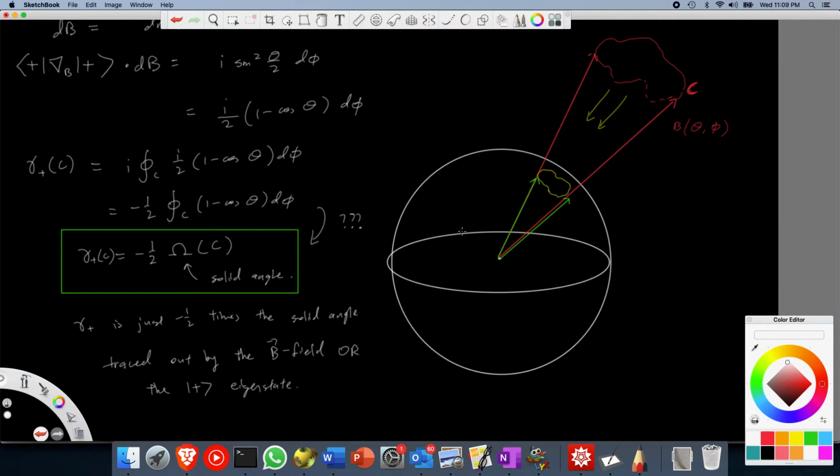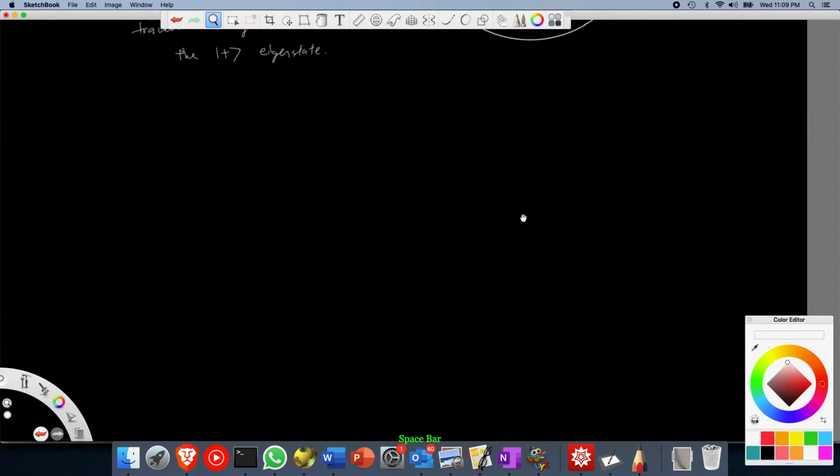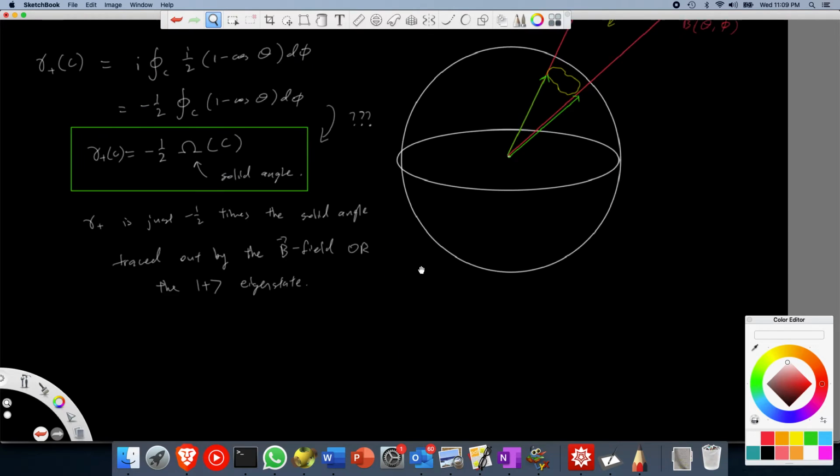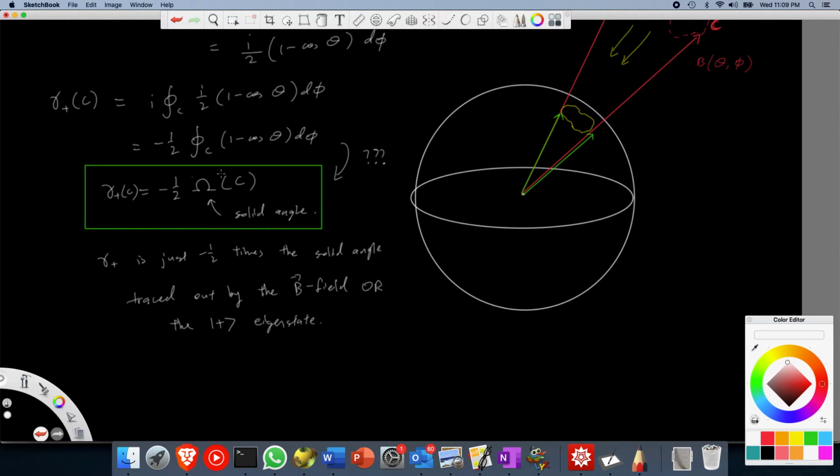Soon we'll learn that it applies for the minus eigenstate as well, once we find out the Berry phase for the minus eigenstate. I hope that the Berry phase for the plus eigenstate is clear.